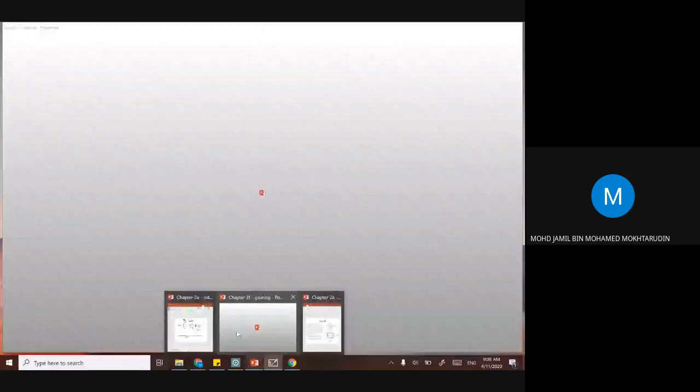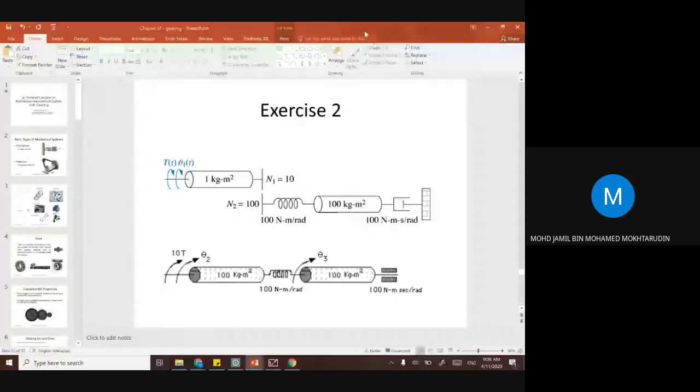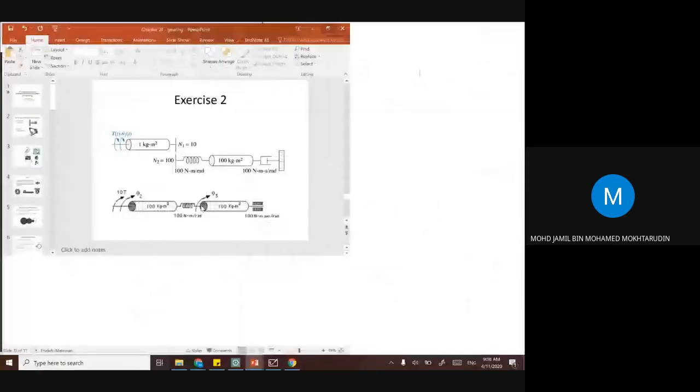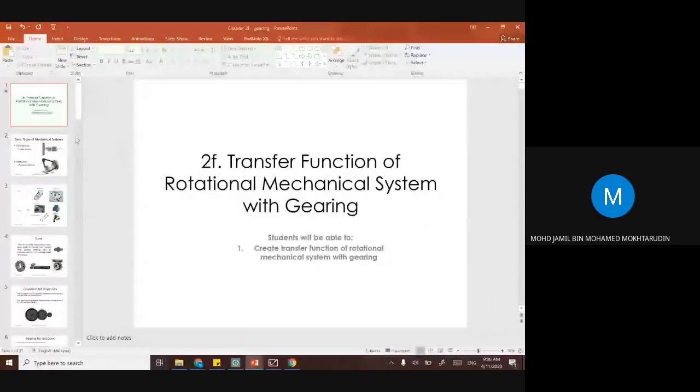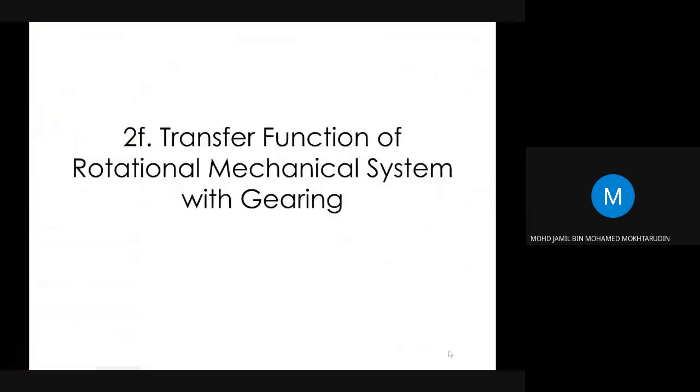Okay, we go into a new lecture. Lecture 2F is basically about the transfer function of rotational mechanical systems, but this time with gears. In quiz 4, you learned about rotational systems without gears, which was just an introduction to how to determine the transfer function for a system without gears.